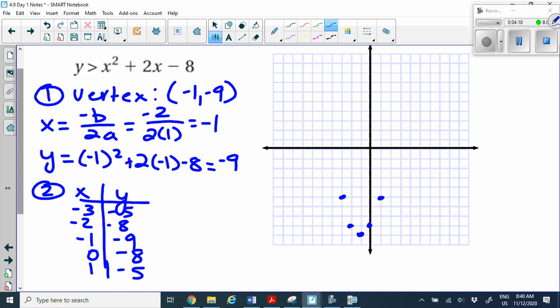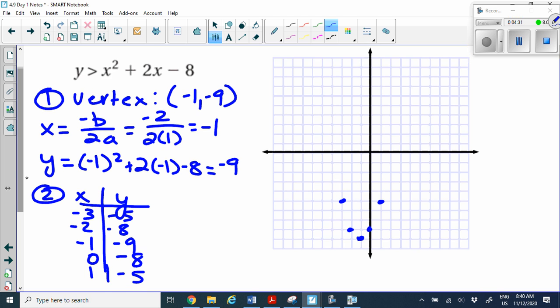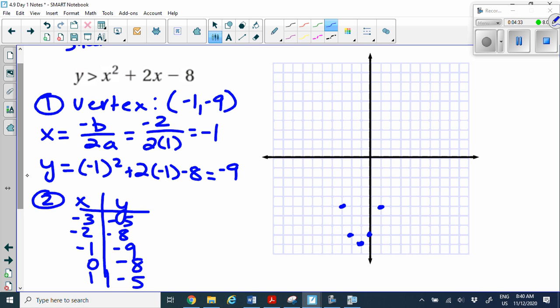Remember, when you plug 0 in for x, whatever your c value is, which in this case is negative 8, that's going to be our y-intercept. We can see that it crosses the y-axis at negative 8. Before I draw my parabola, I have to figure out if it's going to be dashed or solid. Notice here that our inequality does not have an equal bar, so we are going to have a dashed parabola.